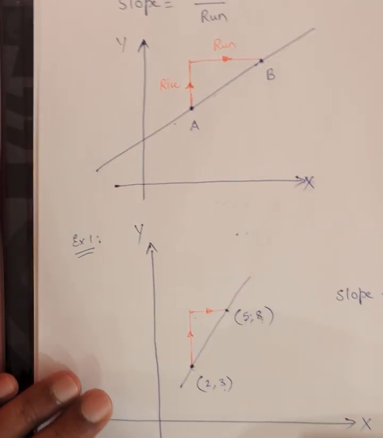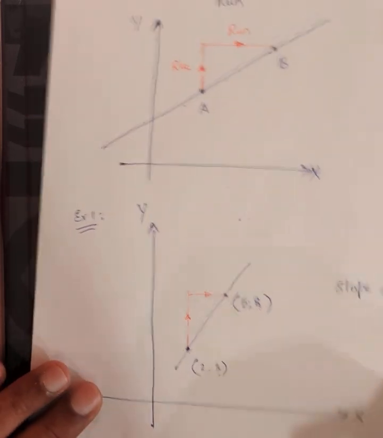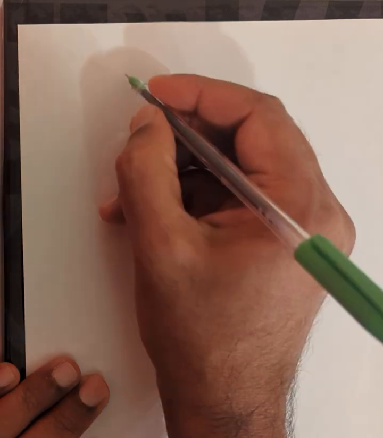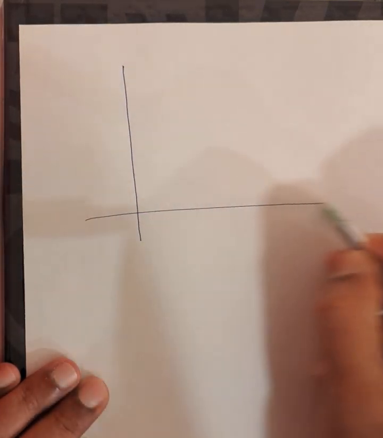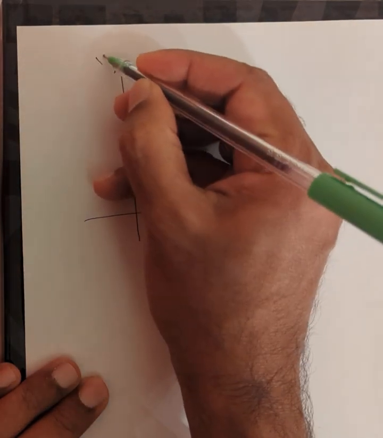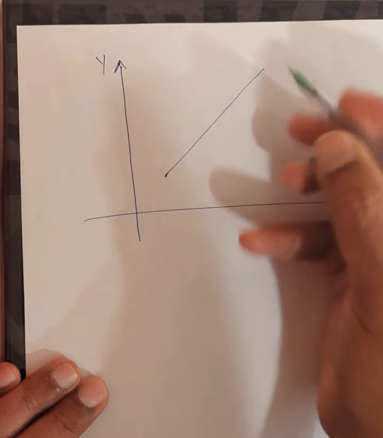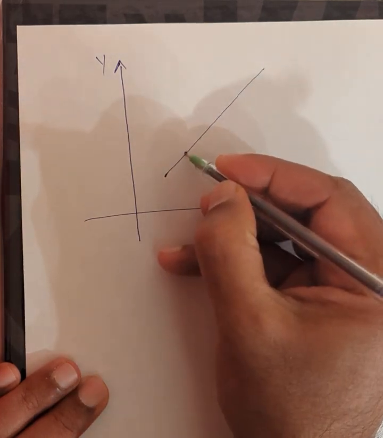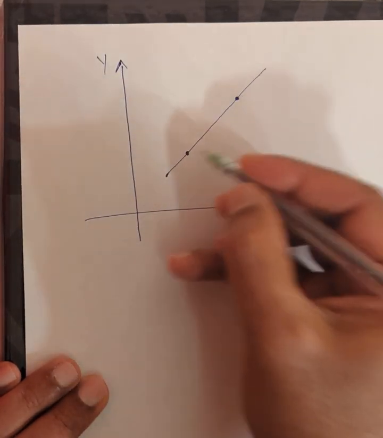Now let's get the formula in general. In problems, you're going to be given 2 points, and you'll be asked to find the slope. So if I have 2 points, I'm going to call the first point, point 1, and the second point, point 2.